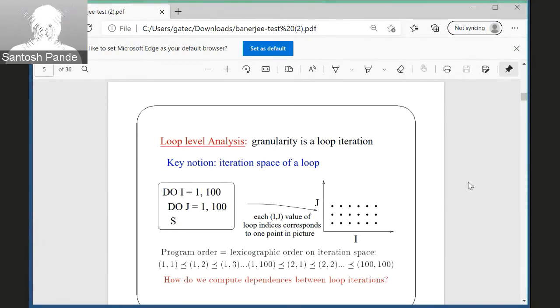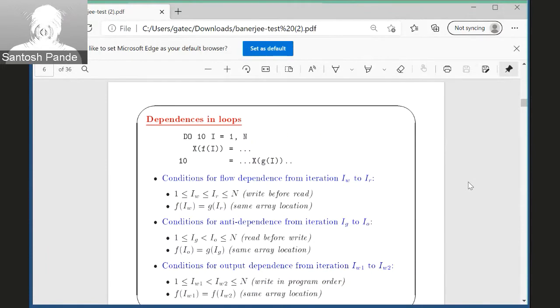With that, we'll continue our discussion about the Banerjee inequality, also called the Banerjee-Wolf test. We were looking at the formulation of this. We typically have a loop nest here.